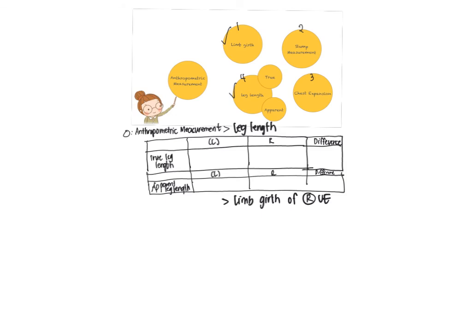So if you're going to use the olecranon process as your reference, you go 2 inches above, 4 inches above, or you want until 6 inches above, 2 inches below, 4 inches below, 6 inches below, and then you write your measurement. Okay.